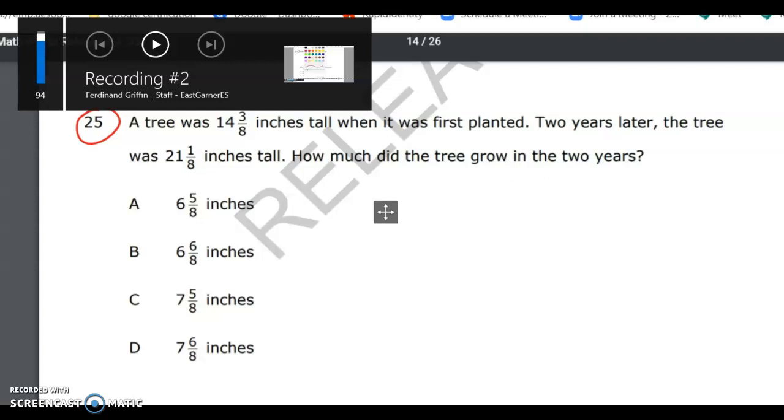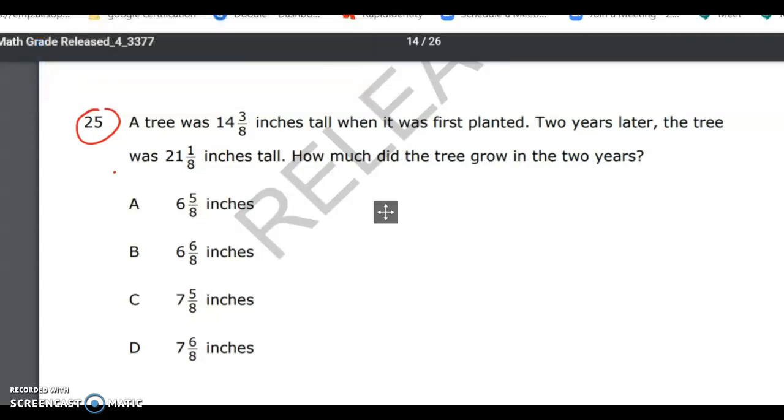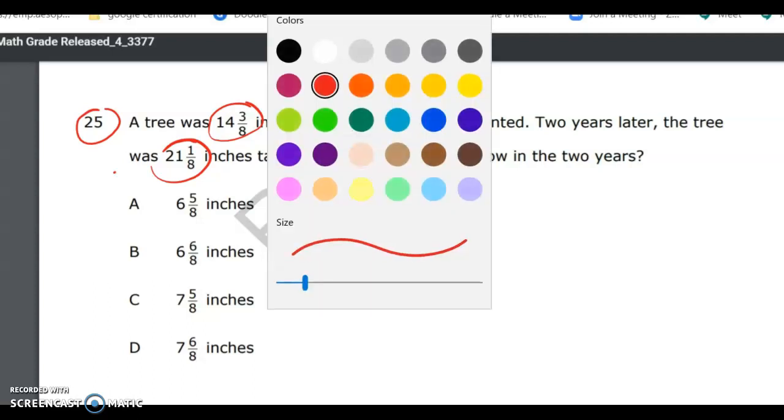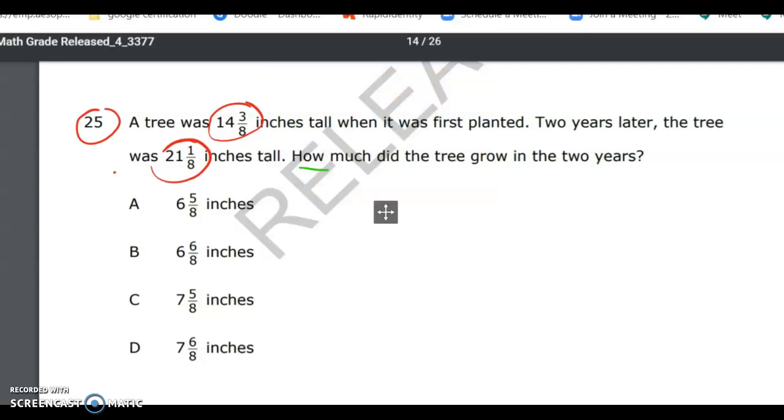Okay, so let's go ahead and again, we're going to do our cubes on it. Key numbers 14 3/8. Okay, 21 1/8. Okay, and our question: how much did the tree grow in 2 years?